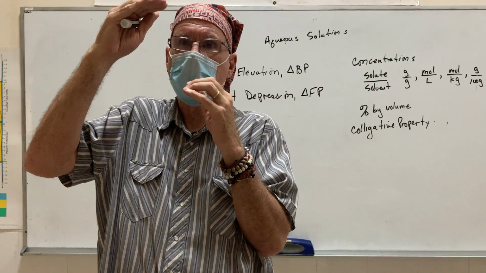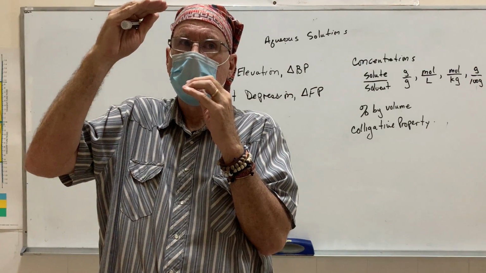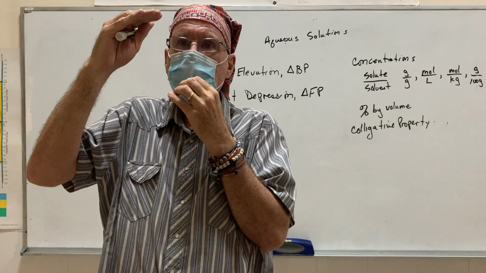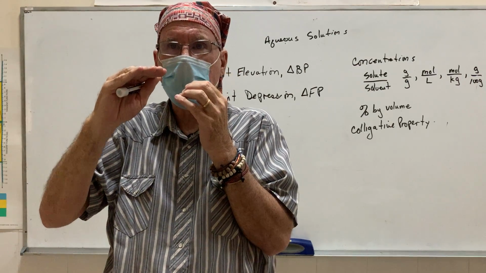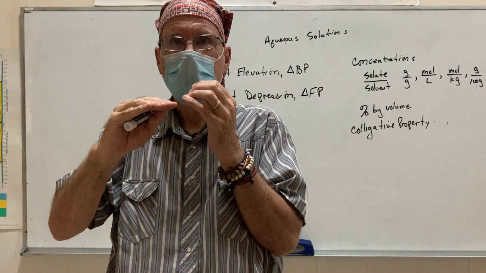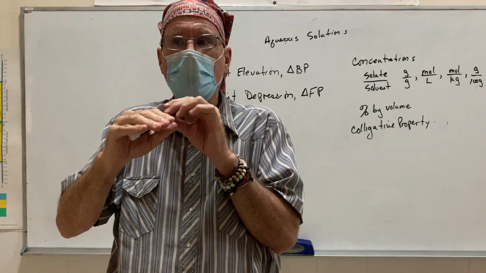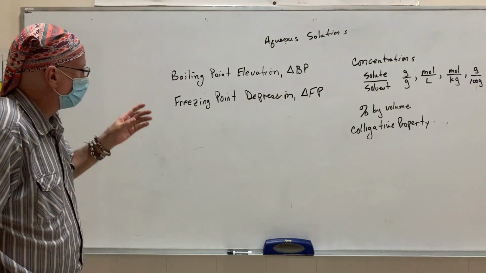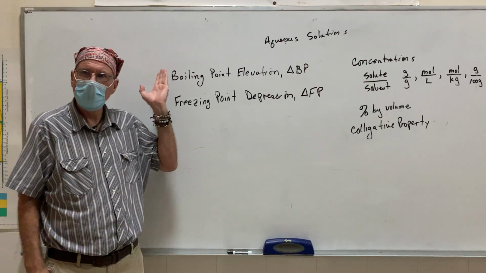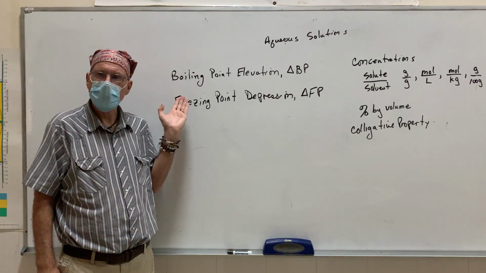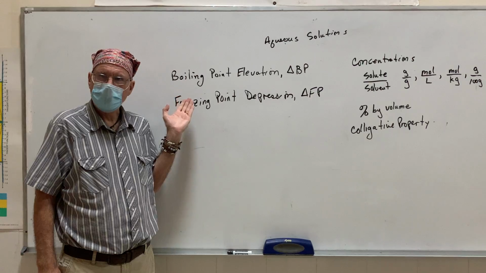It's called boiling point elevation. Or it will allow water to freeze at a lower temperature. It's called freezing point depression.